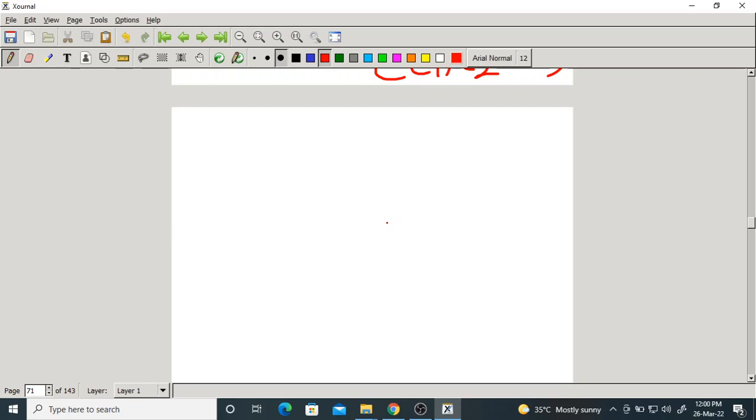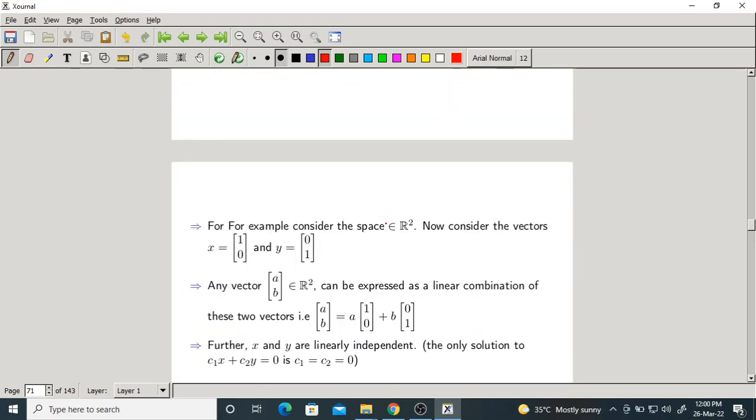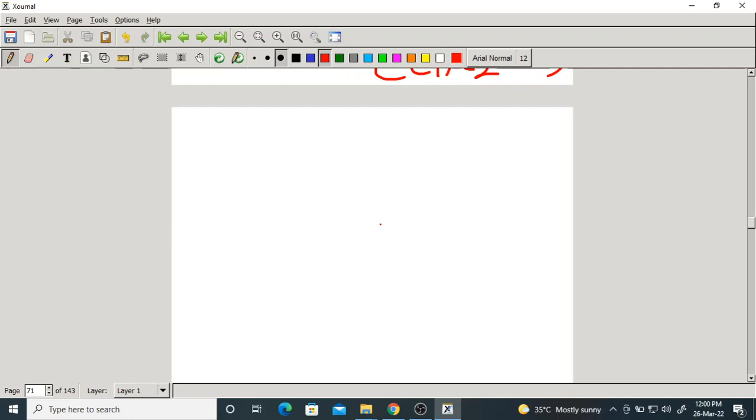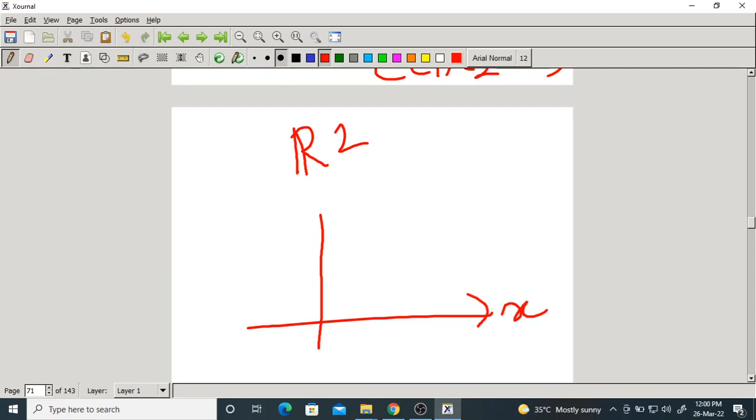Now let us take a simple example. Let us take space R2, a two-dimensional space, with axes X, Y. Basis vectors are fundamental vectors. Basis vectors need to be linearly independent, remember this.